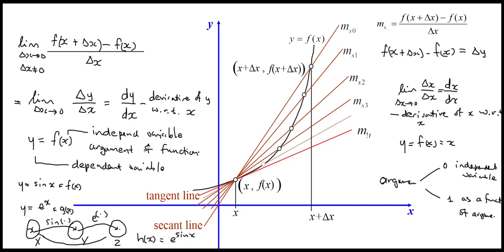But you should understand also that the independent variable has another name, which is an argument, and that argument can come in two levels, initially as a simple independent variable x. Even then, as a simple independent variable x, it can be taken as a function, y is equal to f of x equals x, which is what we call the identity function, a function which simply does nothing, takes x and gives back x.